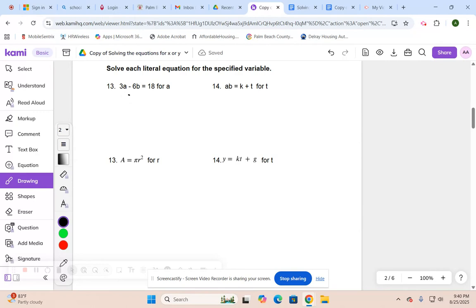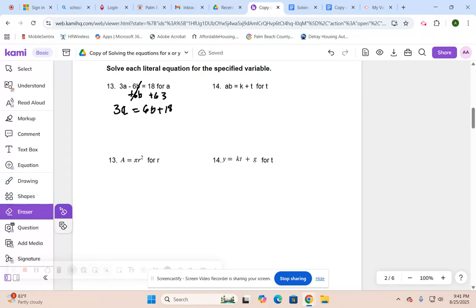So we're going to add 6b to both sides. So we'll have 3a. We're doing the same thing, except we just are using different letters. Equals 6b plus 18. Let me fix that. That shouldn't be a capital B. Let me erase this.